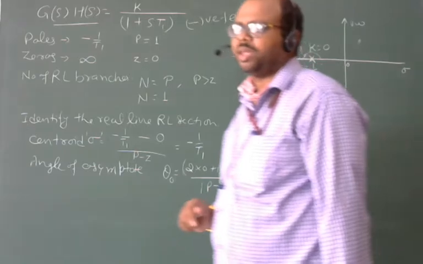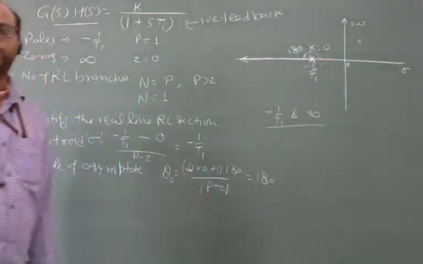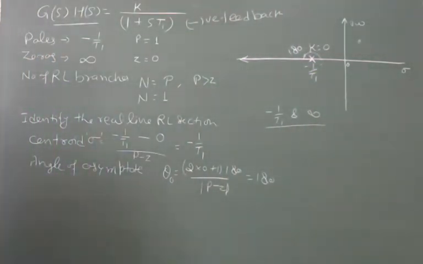But now, calculate these two values from the formula. To calculate the intersection point on the imaginary axis, we use the Routh-Hurwitz criteria.